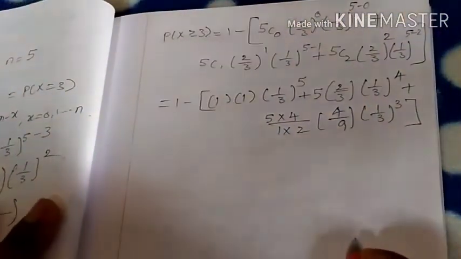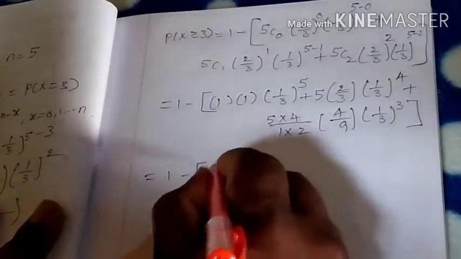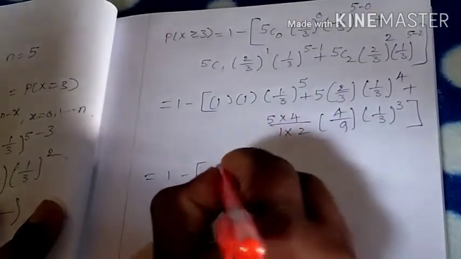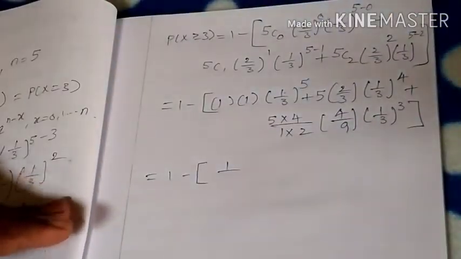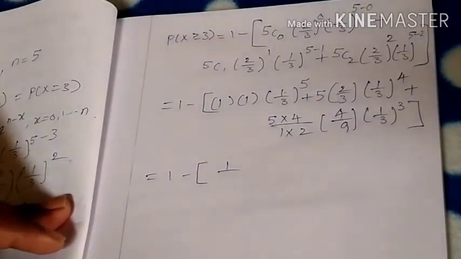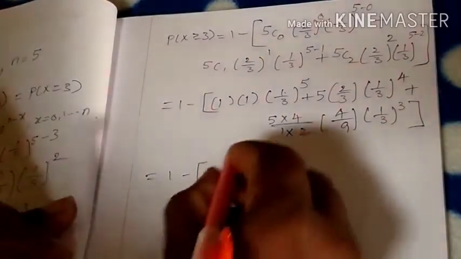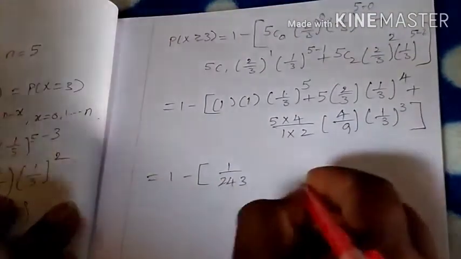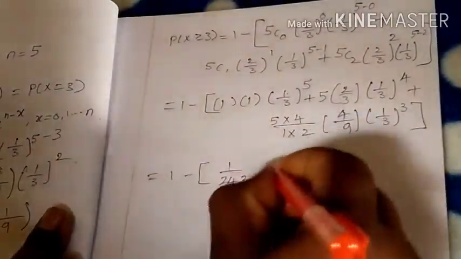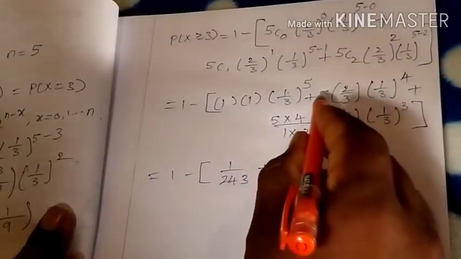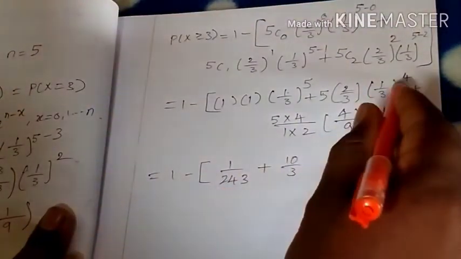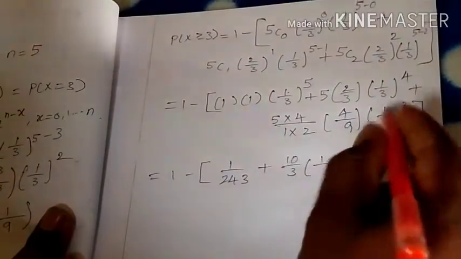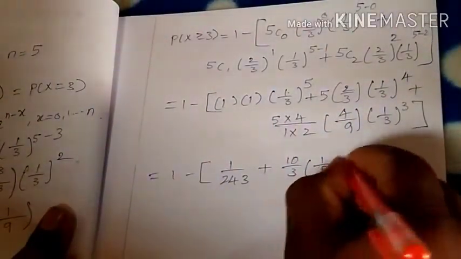Then once again making the simplification, 1 power 5 means 1, 3 power 5 is 243. Then plus 5 2s are 10, 10 by 3, then 1 power 4 is 1 and 3 power 4 is 81.